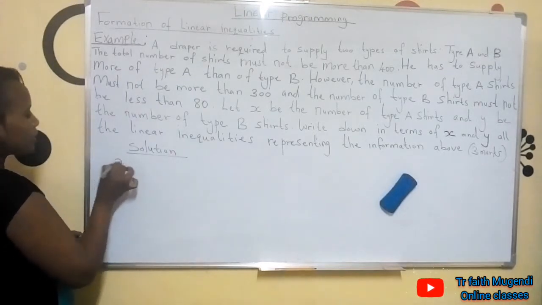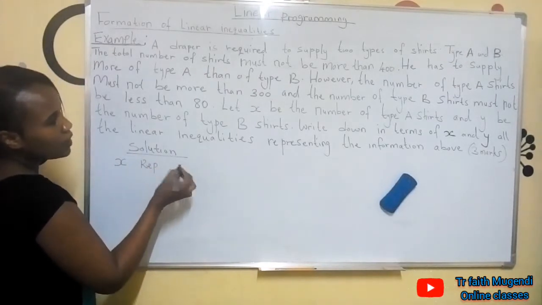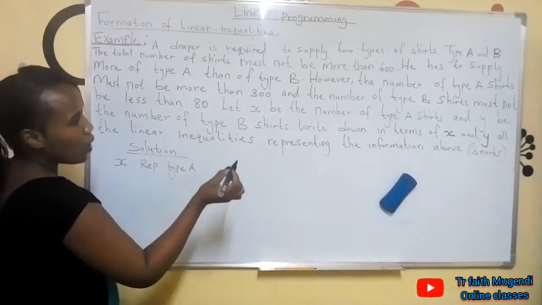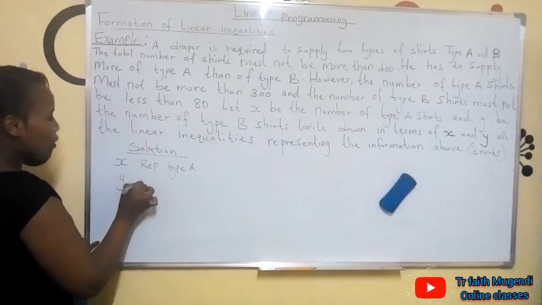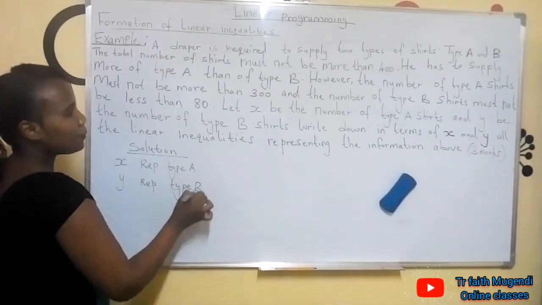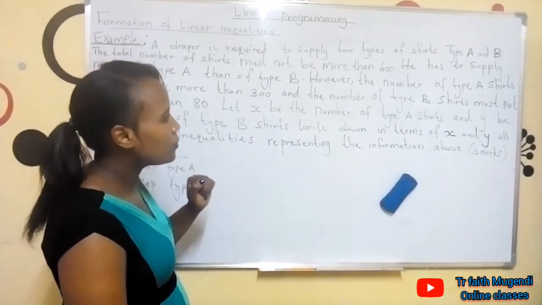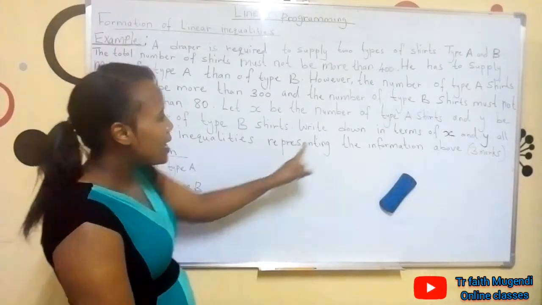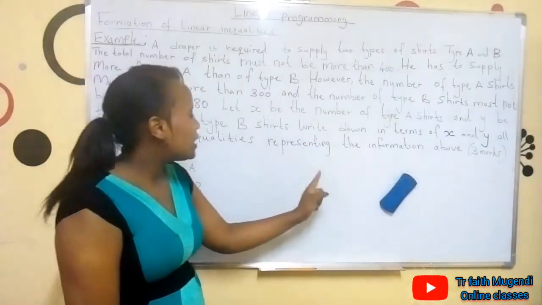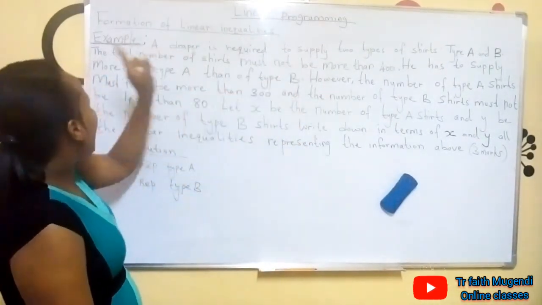We are told that X represents type A, and Y represents type B. If that is the case, then we are requested to write down, in terms of x and y, all the linear inequalities representing the information above. So we want to start from there, type A and type B.